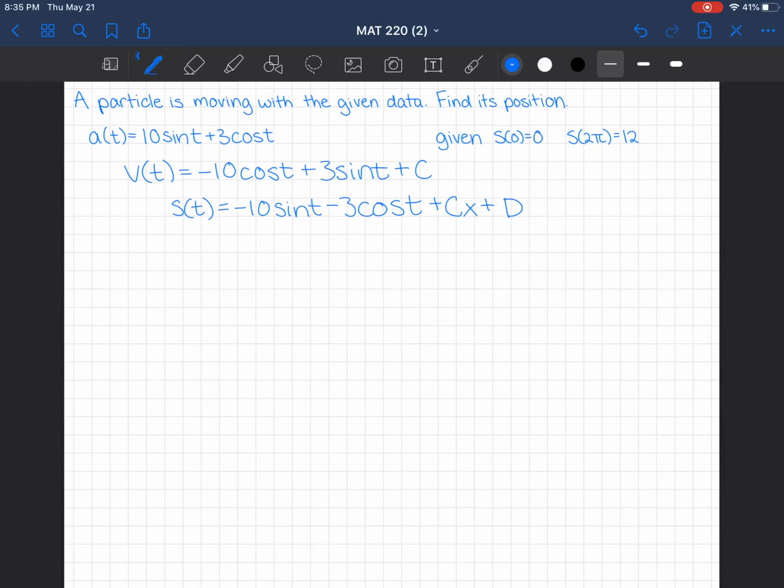All right, so now we have our position function, but we're missing some variables. Now we can go ahead and use those given values for our position.